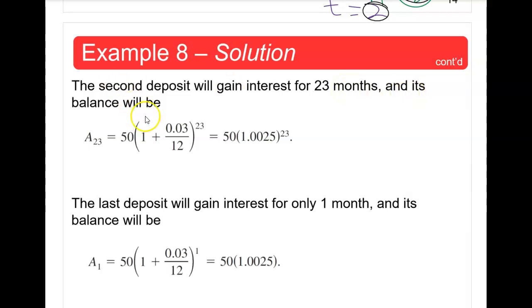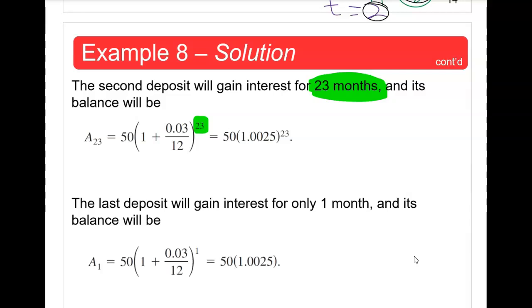And its balance will be what we have here, the 50. So in this case, instead of having the full 2 years in a 24, we have here 23 because they're specifying which number of month. In this case, the years, it's still 2. Sorry, 1 month short from 2 years.